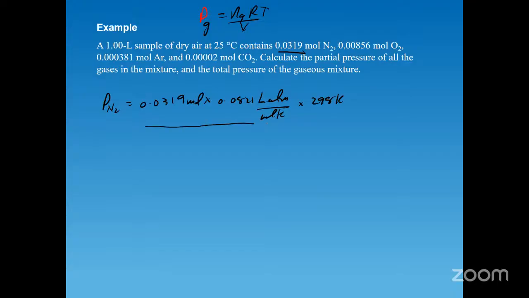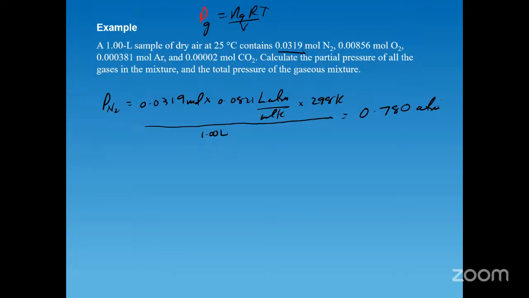And then we divide all of that by the volume, which is 1.00 liters. And then we do that calculation. So that would be 0.0319 times 0.0821 times 298. So according to my calculation, this works out to be equal to 0.780. And the units here would be atmospheres.